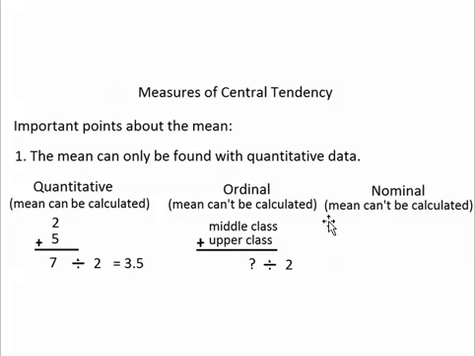Also, if you're recording nominal data, which means you're recording categories that don't follow any order, like genders or college majors, you also can't find the mean of those because you can't add them. So the mean can be found with quantitative data, but it can't be found with the 2 types of qualitative data because you can't add a set of categories.